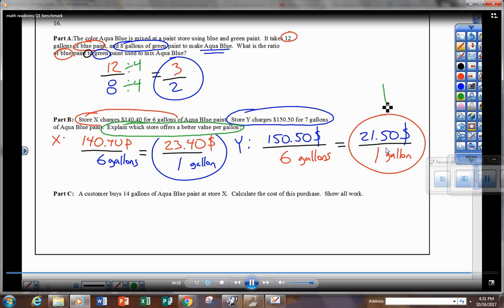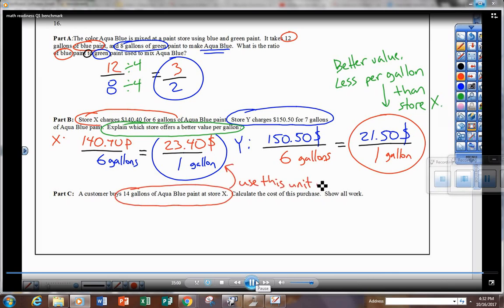All right, the last problem here has you take the unit rate number from store X, which is $23.40 for every gallon, and I'm going to times that by 14 gallons. So if I take that $23.40 per gallon and times that by 14, that will give me the last unit rate problem.